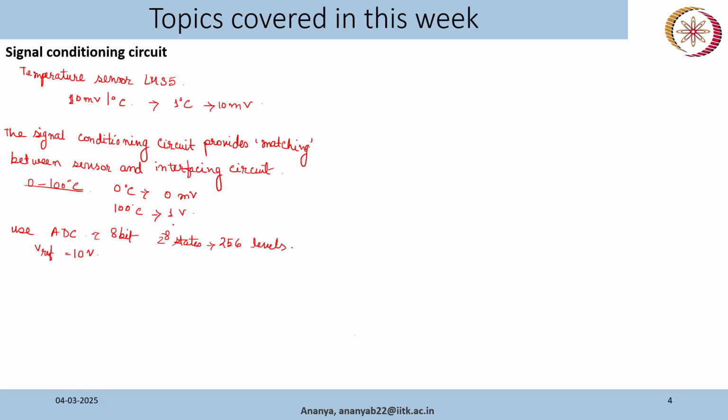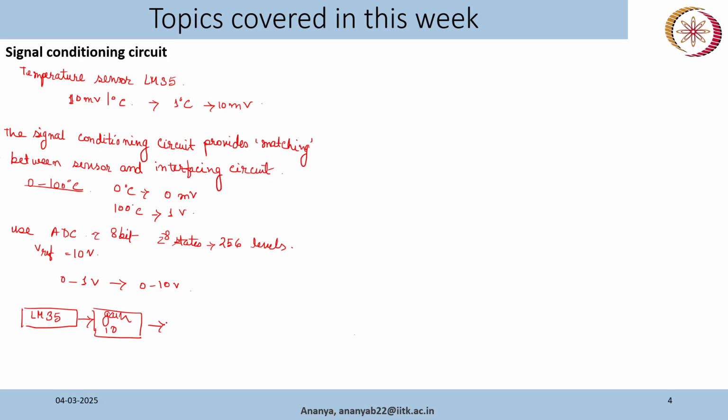So we want to convert the 0 to 1 volt range to a 0 to 10 volt range, and you already know how to do it. We want to improve the gain. We will use a circuit that will give a gain of 10. So this is our sensor LM35, and we will use a circuit with a gain of 10.